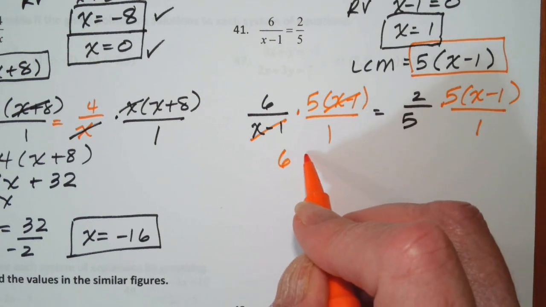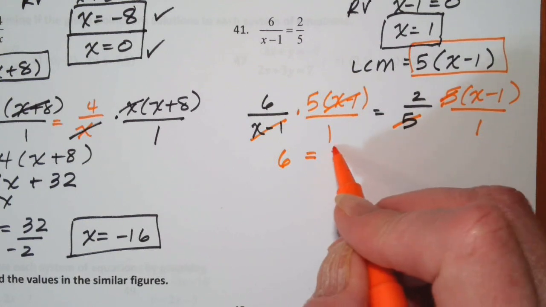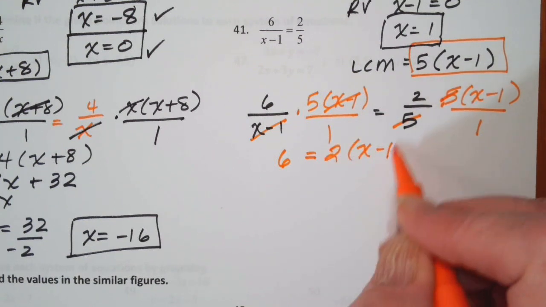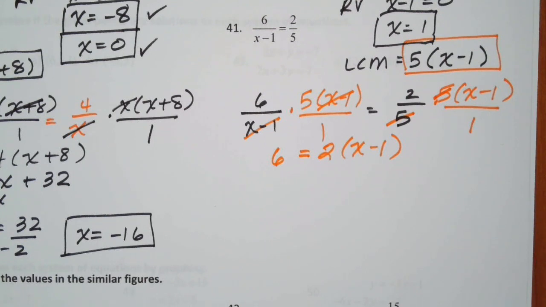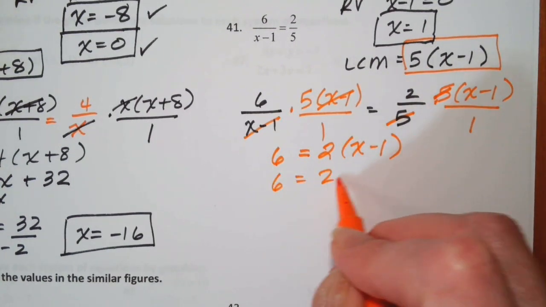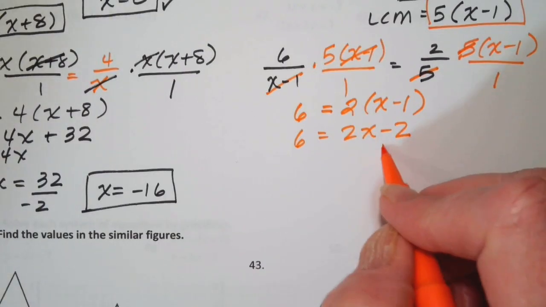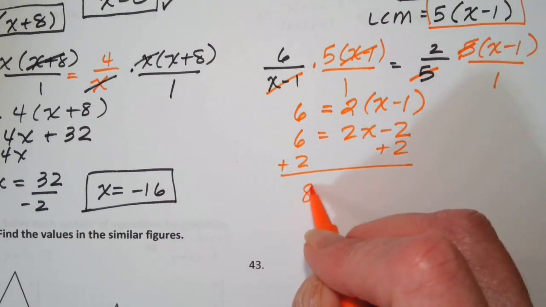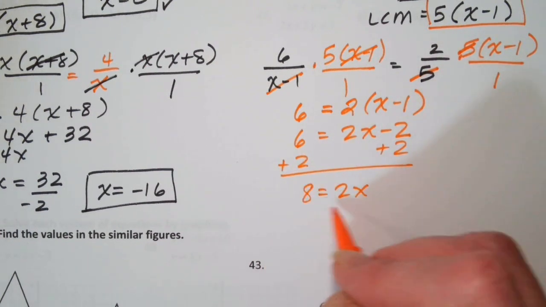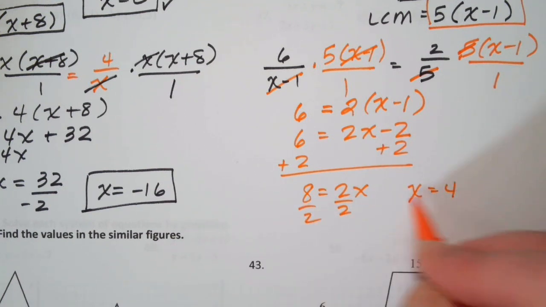So I get 6 is equal to 2 times x minus 1. Okay, so 6 is equal to 2x minus 2. If I add 2 to both sides, I get 8 is equal to 2x. And I finally get that x is 4.